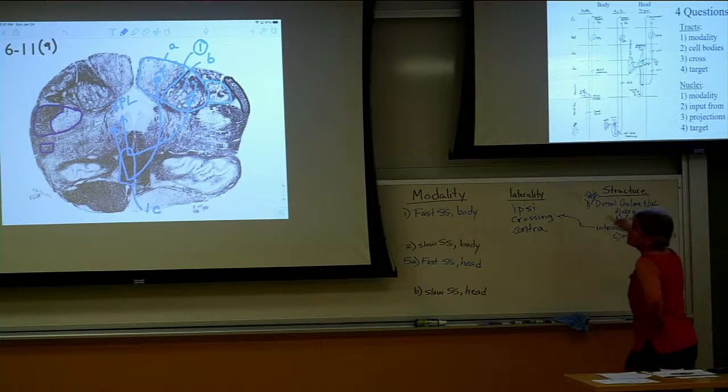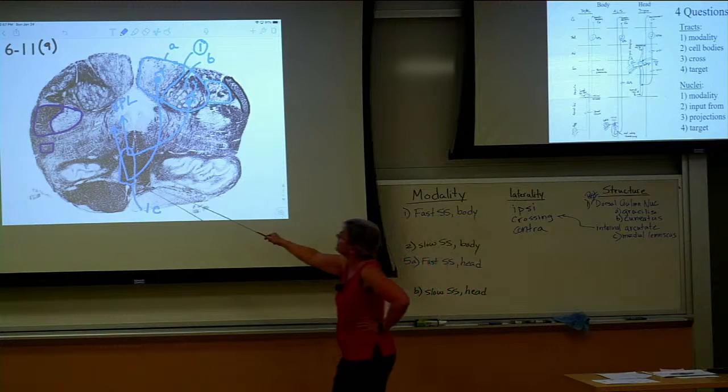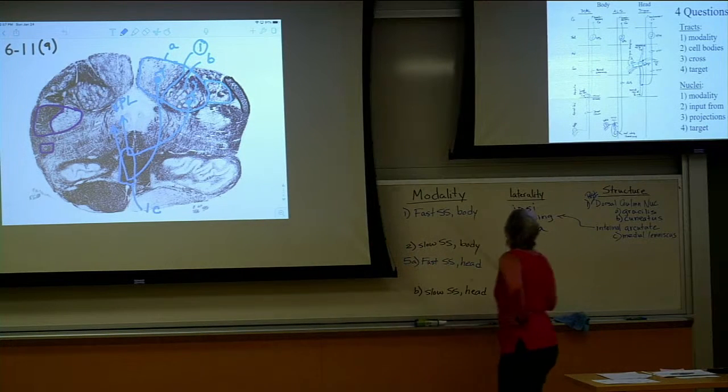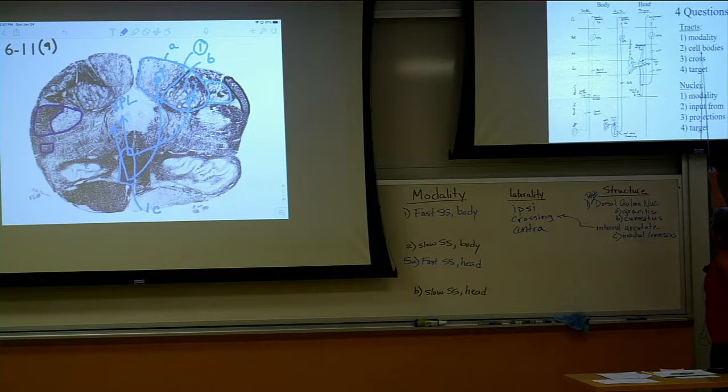Now let's go ahead and finish up with the medial lemniscus. The question will be, where are the cell bodies of these axons? Well, the cell bodies of these axons are in the contralateral dorsal column nuclei. Did these axons right here in the medial lemniscus cross the midline?